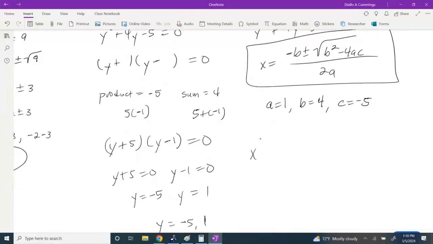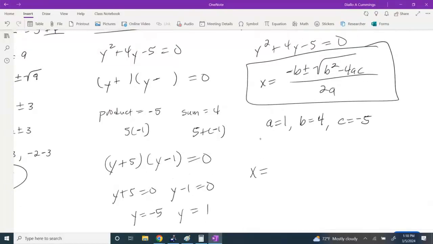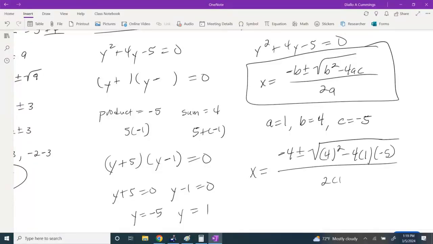So then if you substitute all this in, x is going to equal -4 plus or minus the square root of 4 squared minus 4 times 1 times -5, all over 2 times 1.